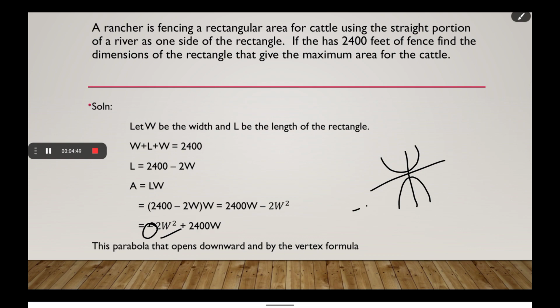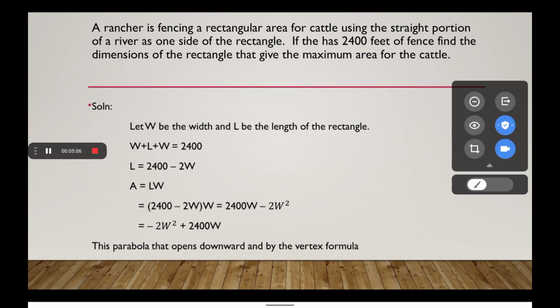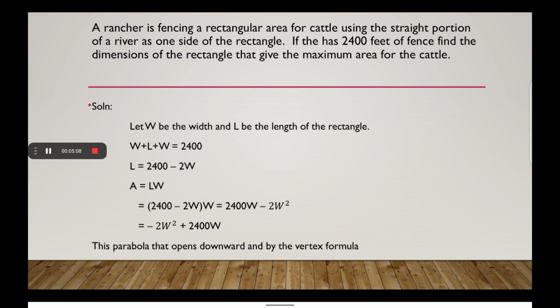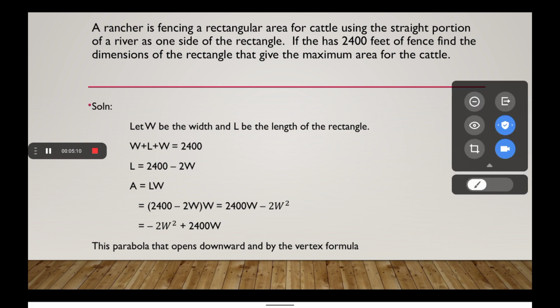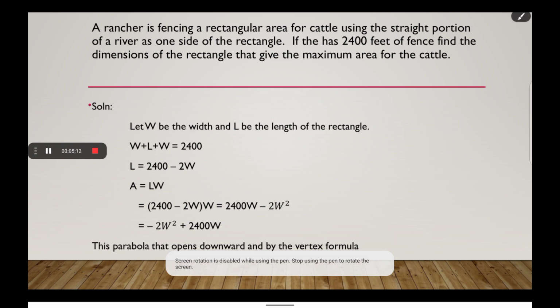We need to find the width and length. The formula is A equals minus 2W square plus 2400W, and here we need to find the value of W.